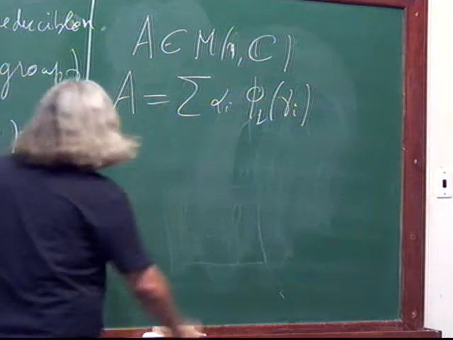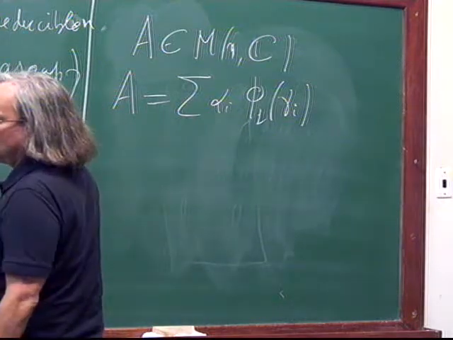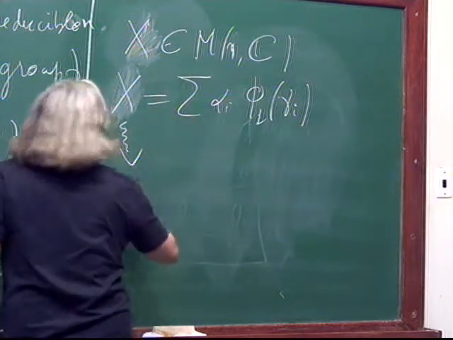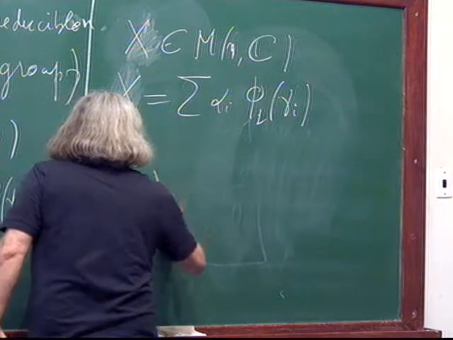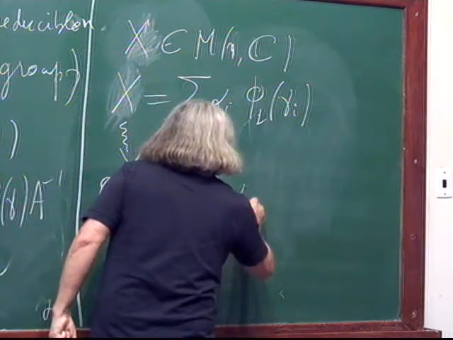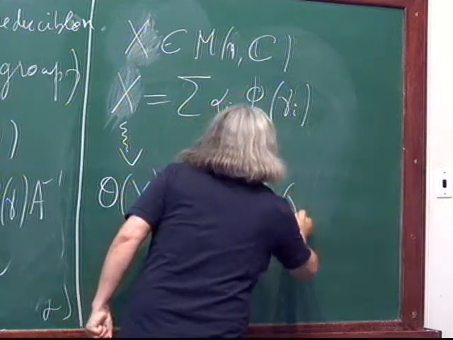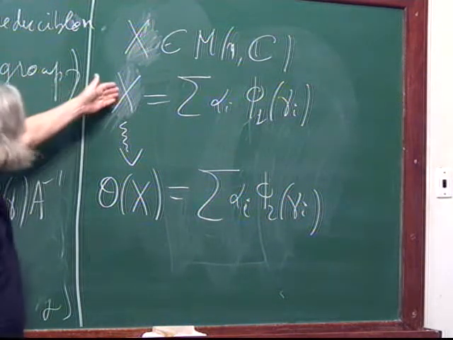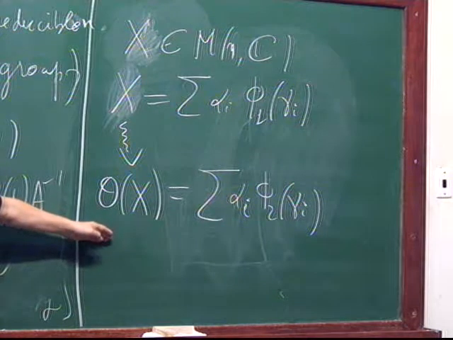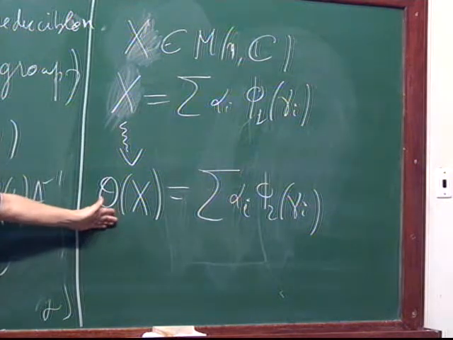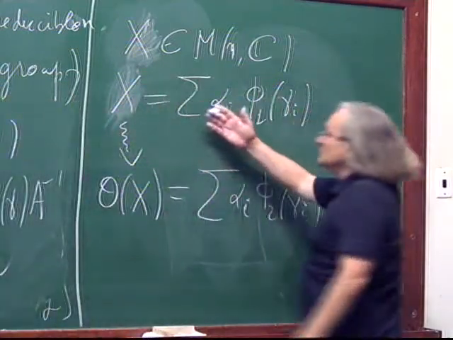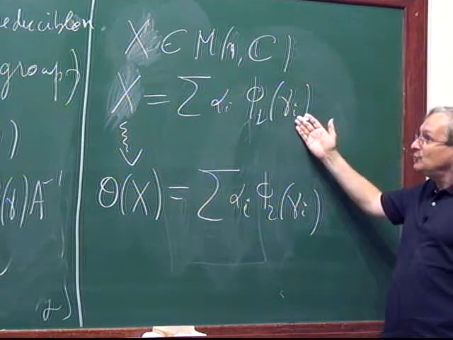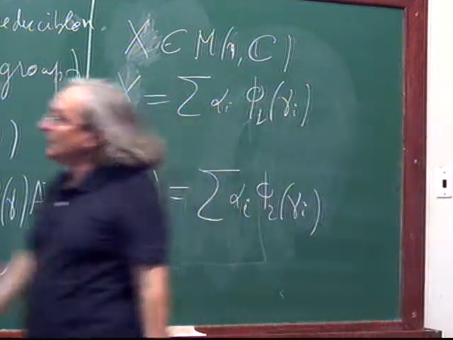However, if I decide to define, let's say, theta of X as being the same sum where I use the second linear representation, this will transform a matrix X into some other matrix theta of X, and this operation is well defined, because this expression of X as a linear combination of phi 1 of gamma_i is not unique, of course, but it is unique up to some other combination which is equal to 0.